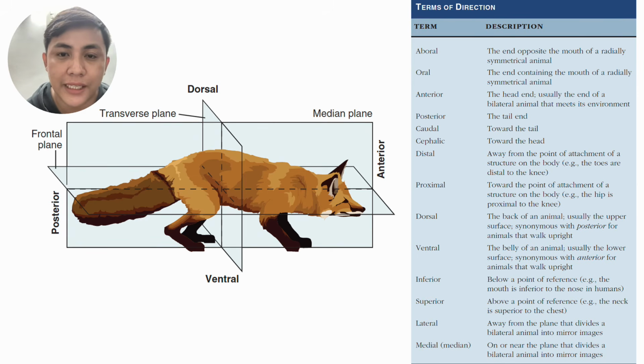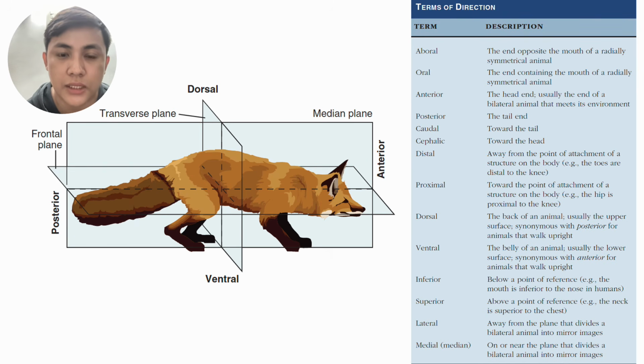The anterior is the head end, usually the end of a bilateral animal that meets its environment, while posterior is the tail end. Caudal versus cephalic. Caudal is going towards the tail, while cephalic is going towards the head. Distal versus proximal. Distal is away from the point of attachment of a structure on the body, while proximal is towards the point of attachment of a structure on the body.